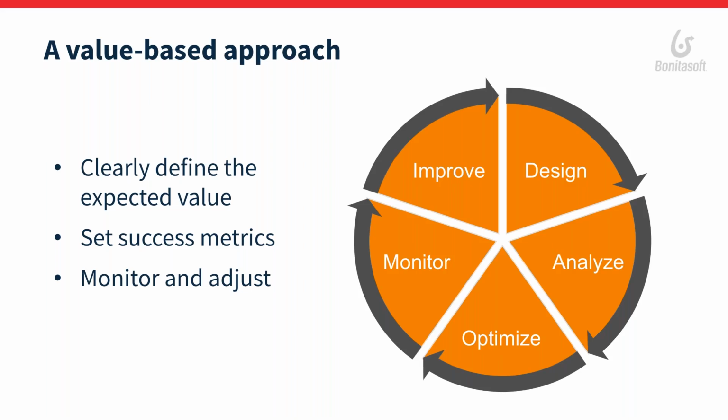Put that in production, and start monitoring. Based upon the delta, be it positive or negative, start improving on your design. So it's a continuous cycle, very basic, but it has to be put in place if you want to approach the value-based methodology. Yeah, and this goes with an iterative cycle.